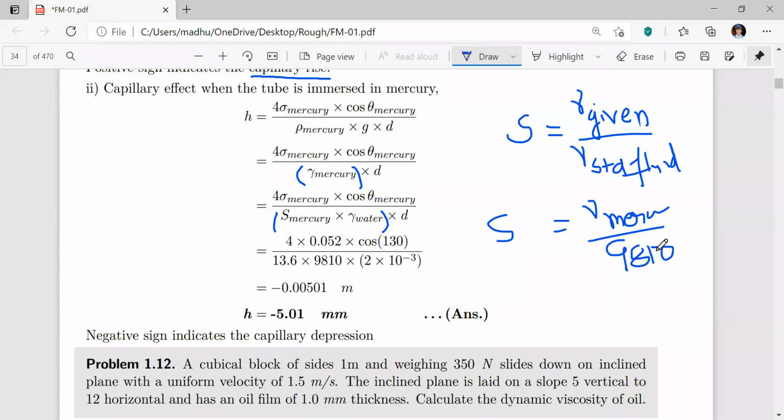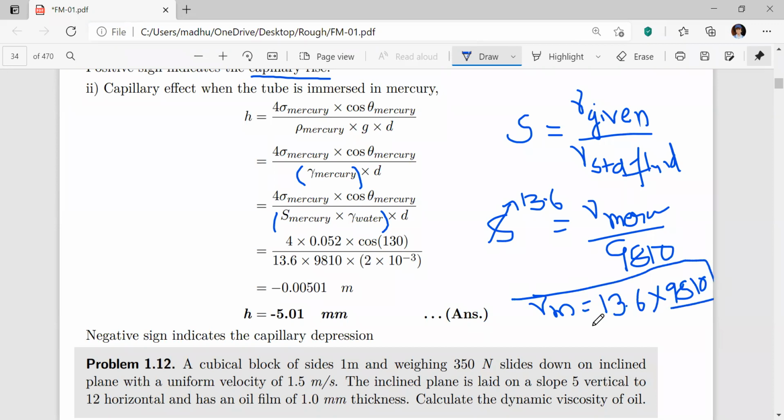9810. So here this value they have given as 13.6. Therefore rearranging this equation, gamma mercury will become 13.6 into 9810. Okay, so if you do this calculation, this 13.6 into 9810 is nothing but gamma mercury.